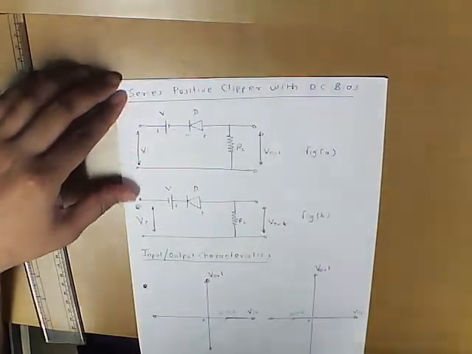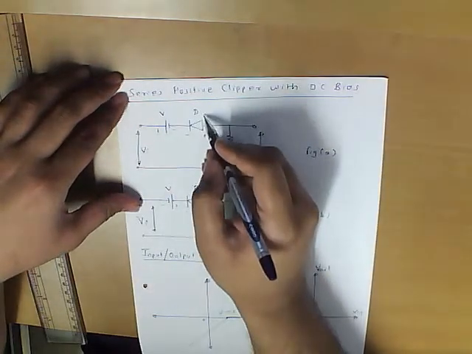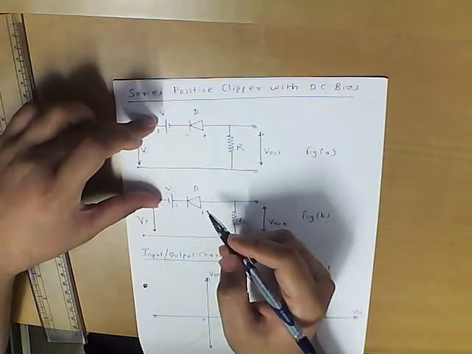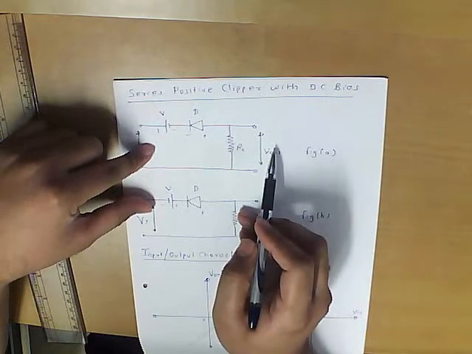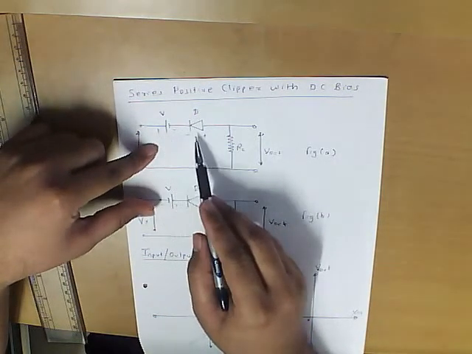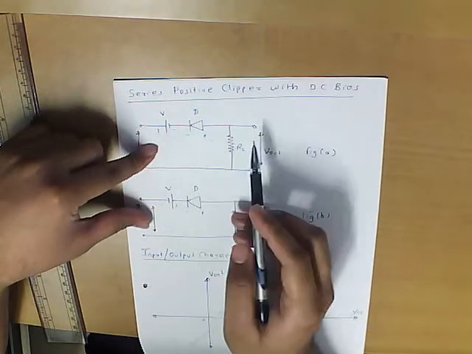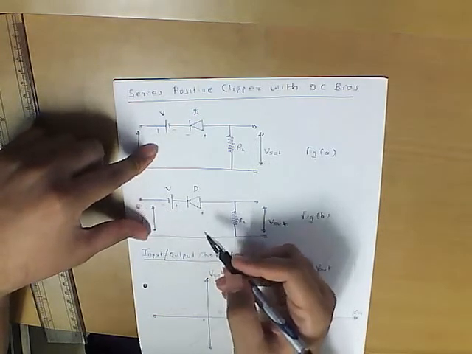Okay. Similarly, we have a series positive clipper, so you can see that the diode polarity is again reversed, and we have two different conditions depending upon the bias. Now in the first case, before we get some output, the input has to overcome plus V and minus 0.7, and here it has to overcome minus V and minus 0.7.